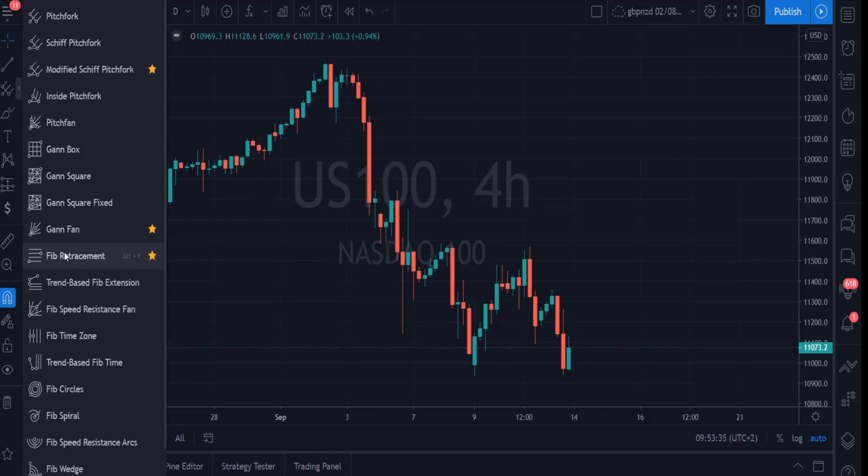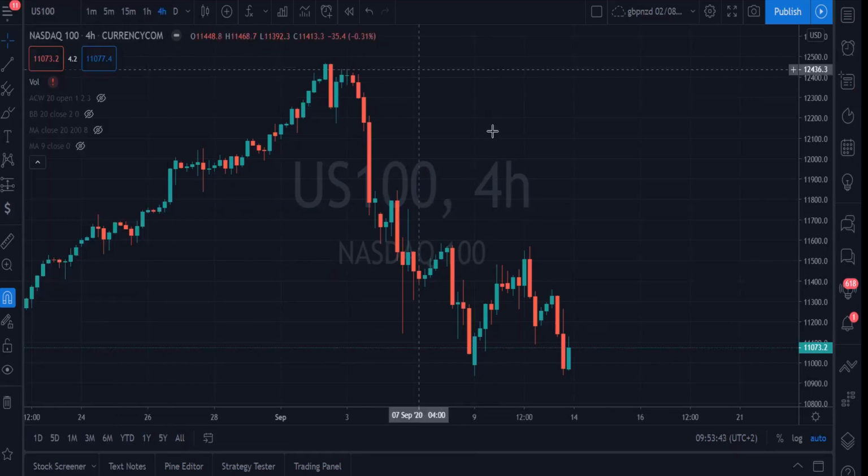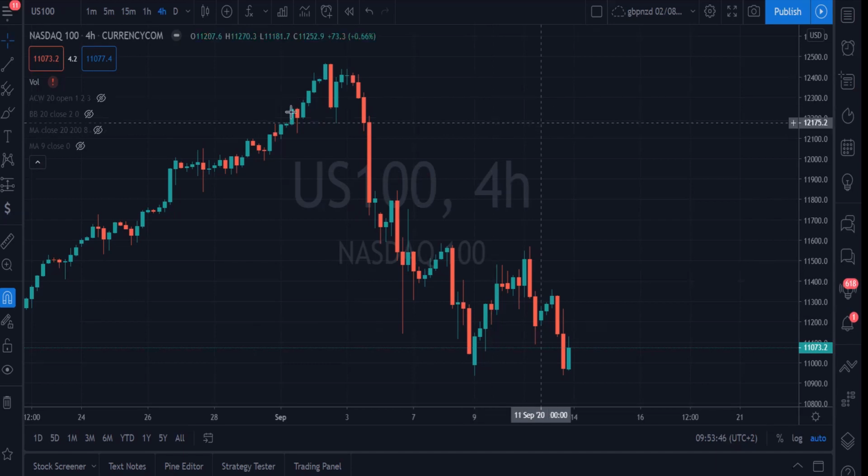Where exactly did you go? I can't see where Fibonacci is. Can you see my pointer now on the chart? Yes. My cursor? Yeah. Can you see the cursor has gone to the left-hand side? There's a toolbar here. Yes. Right. Can you see something written there, Gann and Fibonacci tools? Mm-hmm. Right.